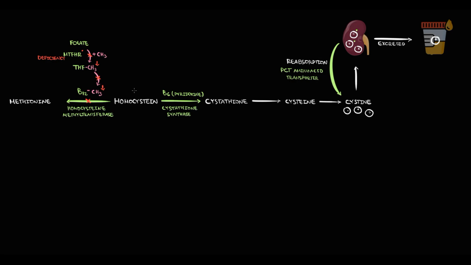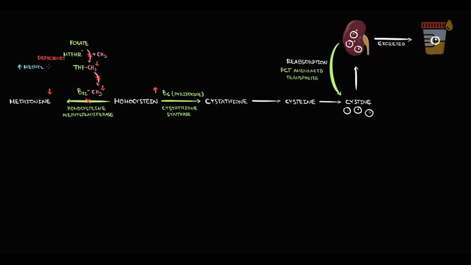As a result, the concentration of methionine decreases, while the concentration of homocysteine increases. In this case, the only therapeutic approach is to increase the intake of methylated folate, which will provide the formation of methylated vitamin B12, and thereby this will increase the activity of this reaction.